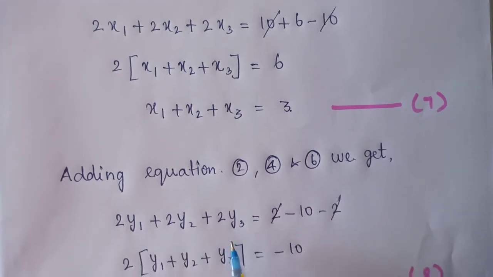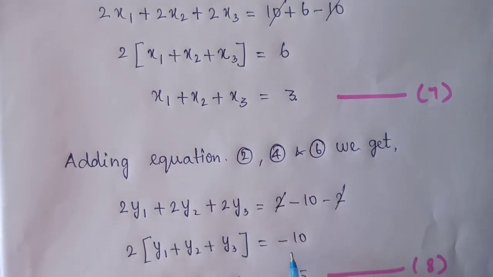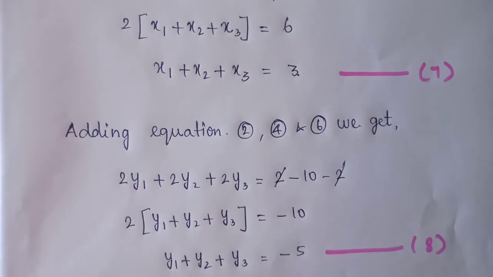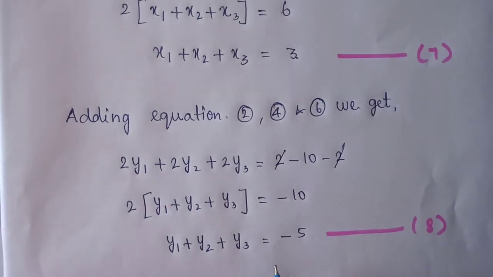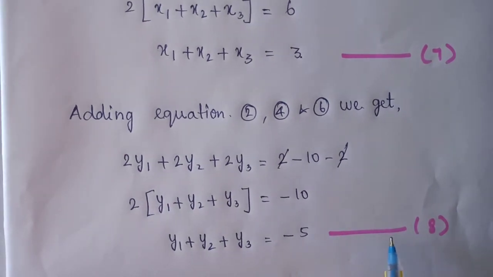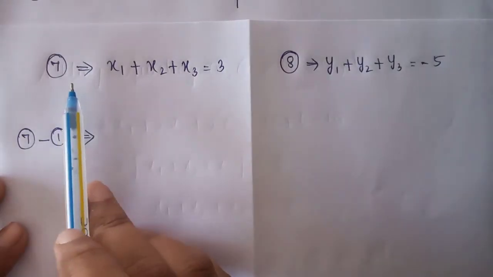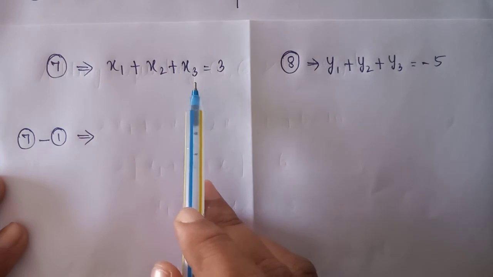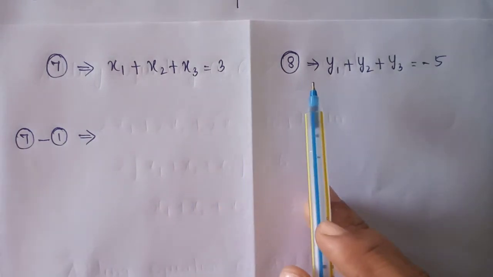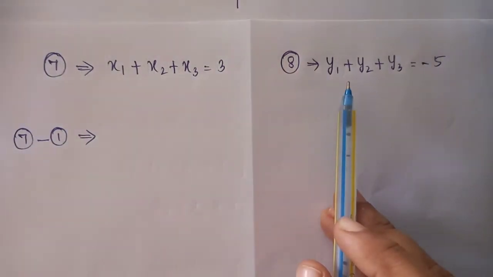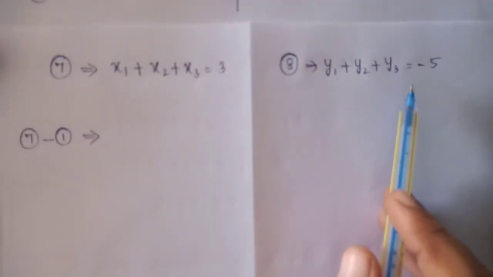So 2 times (y1 plus y2 plus y3) is equal to minus 10. So y1 plus y2 plus y3 is equal to minus 5, which is your equation number 8. Then this is your equation number 7, x1 plus x2 plus x3 is equal to 3, and equation 8 implies y1 plus y2 plus y3 is equal to minus 5.